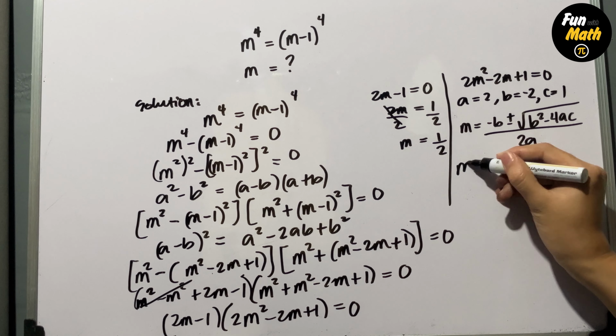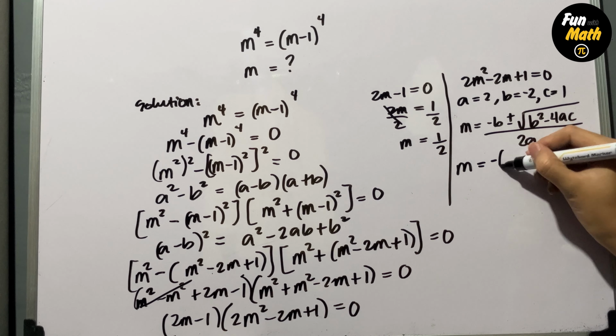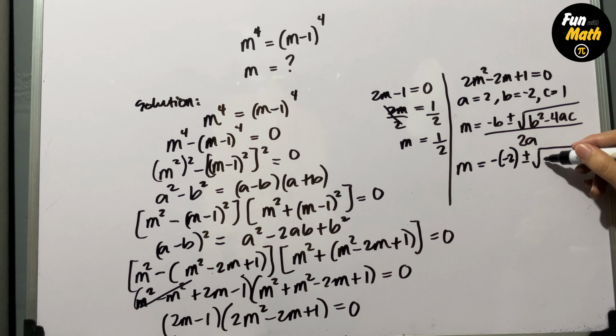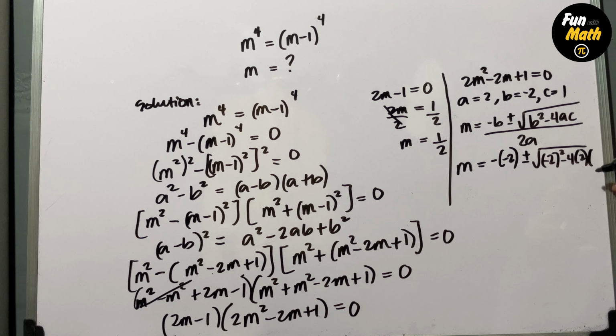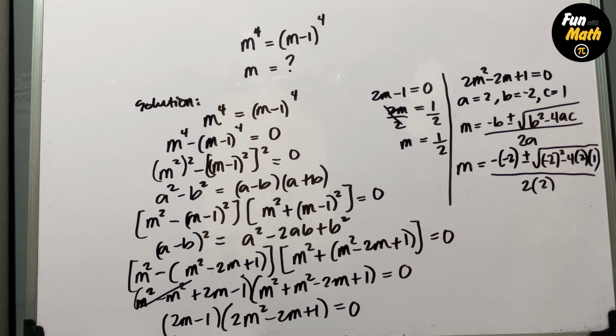So now m is equal to negative times b, that is negative 2, positive negative square root of negative 2 squared minus 4 times a, which is 2, times c, that is 1, all over 2a, 2 times a, that is 2 times 2.